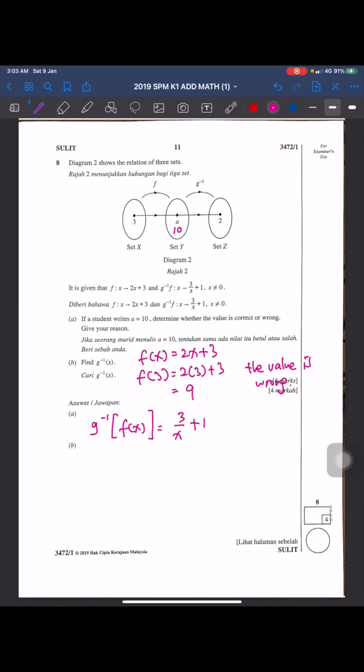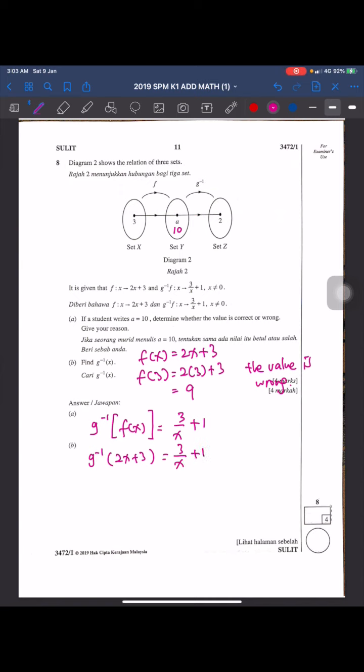Sebenarnya yang ini dengan ni samalah, saya ubah saja bentuk dia. So g inverse, f(x) ni tadi adalah 2x plus 3. Saya ubah, 2x plus 3 is equal to 3 over x plus 1.